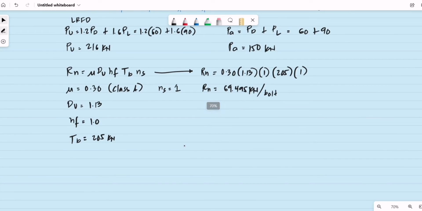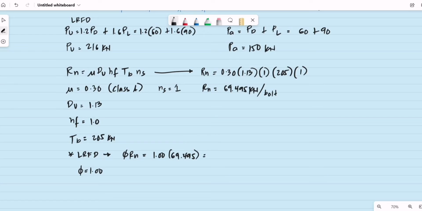So how do we determine the number of bolts? Let's start with LRFD. For LRFD, we have the design strength or the design resistance, phi R sub n, equal to, where phi is basically equal to 1.0, so 1.00 of 69.495 kilonewtons.